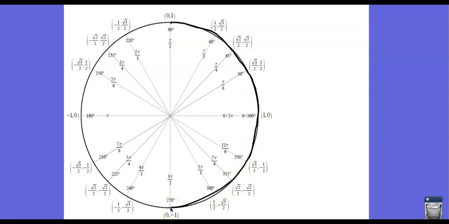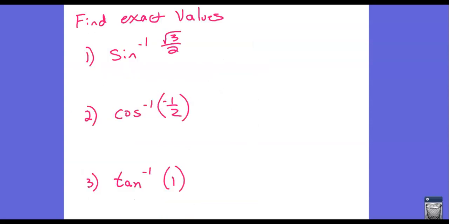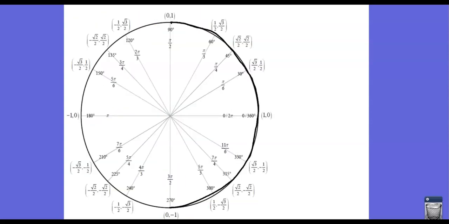Double check, yes, the inverse sine of square root of 3 over 2. Remember, a point is made up of cosine, sine. So notice that it would be right there, pi over 3.